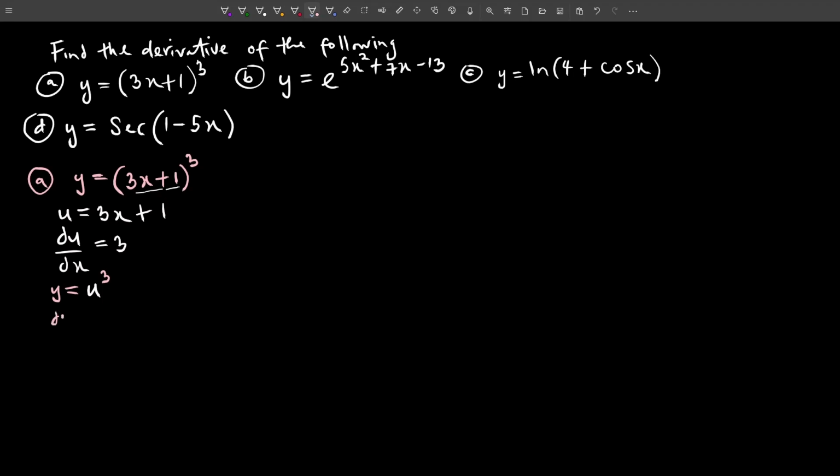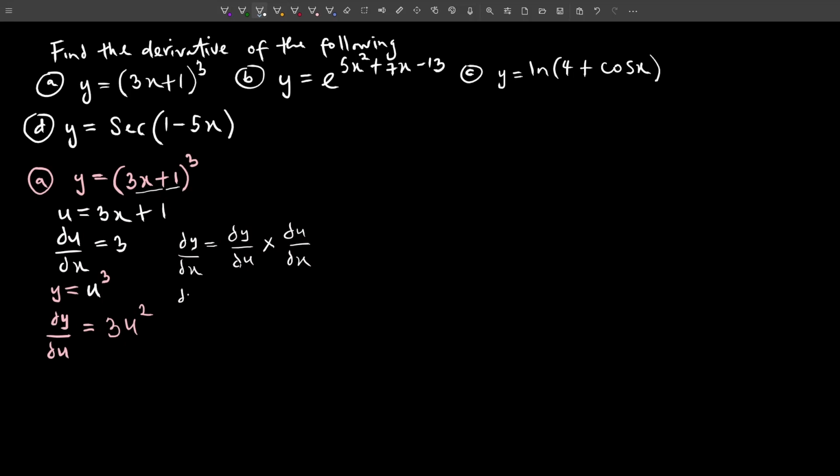We differentiate y with respect to u, because we always differentiate a dependent variable with respect to an independent variable. So what will this give me? This will give me 3u raised to the power 3 minus 1, which is u squared. We have to find dy/dx. So we recall that the chain rule says dy/dx is equal to dy/du times du/dx.